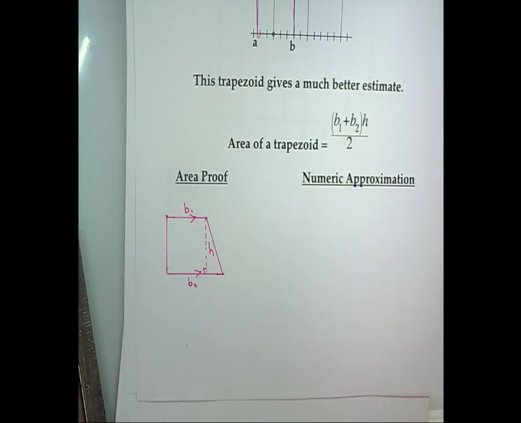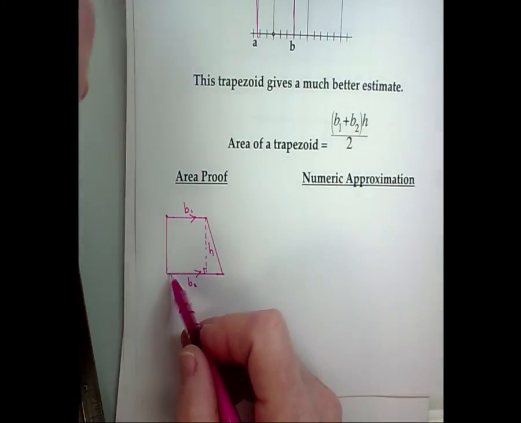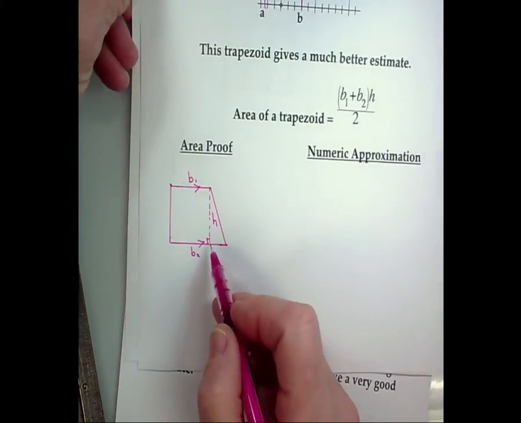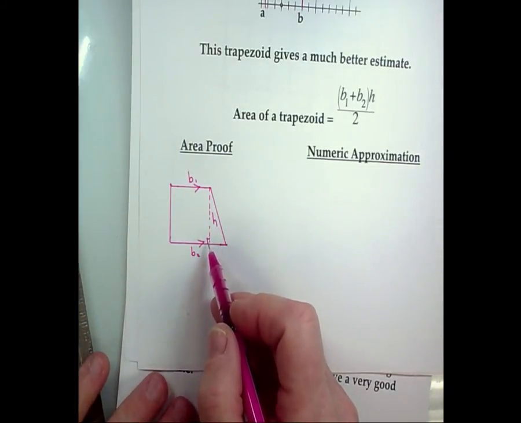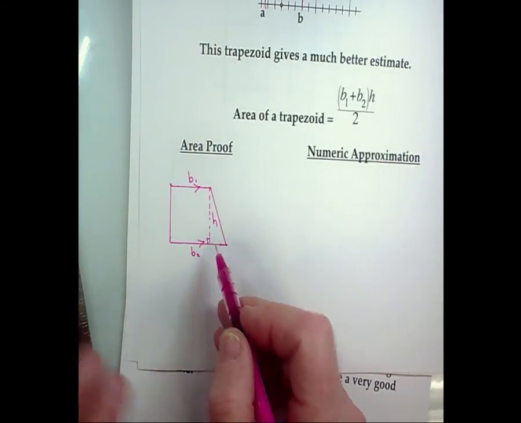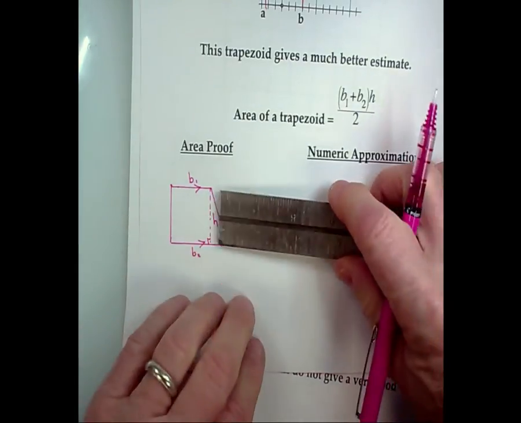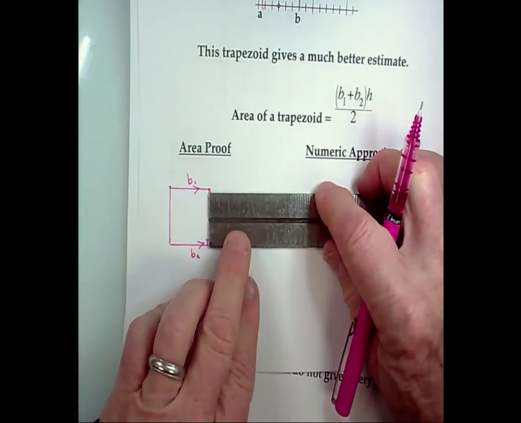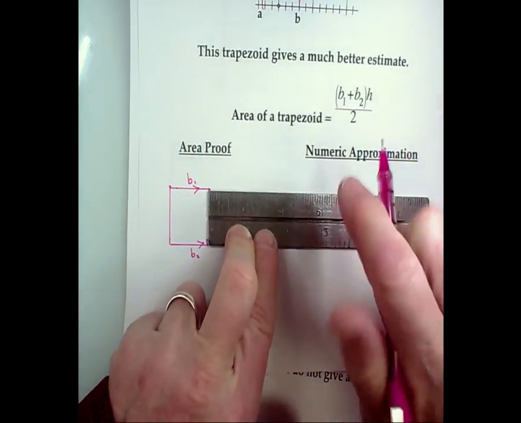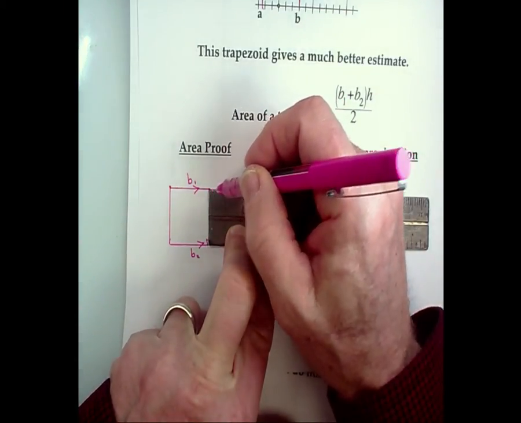Okay, that's a trapezoid. And this may or may not be 90 degrees. I don't care. This for sure is 90 degrees, right? You guys know that little square in there means it's 90 degrees, right? That's the stuff you remember from geometry. So what I'm going to do is make one that's exactly the same, except I'm going to attach it and flip it upside down.